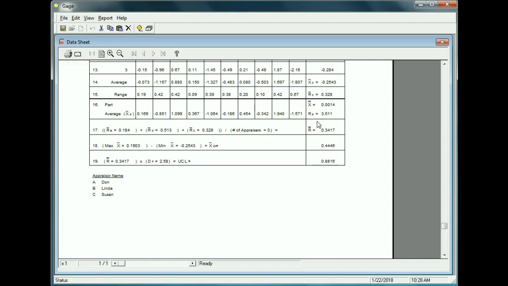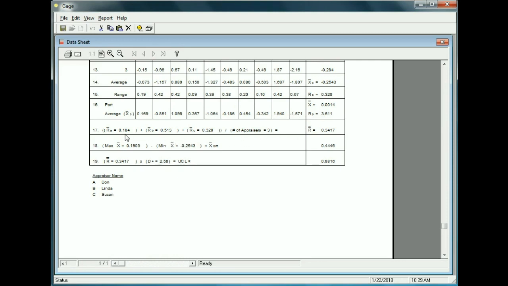We can also get the range for parts by looking at these averages and taking the largest value, which is this number here, and subtracting from that the smallest average, which is this. If you work out the arithmetic, this is what's called R sub P, or the range for the parts.